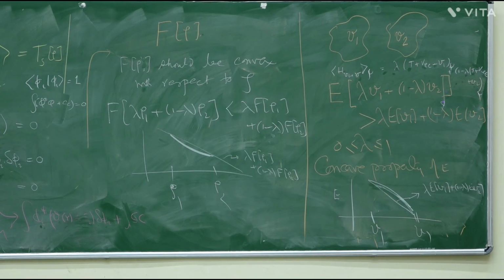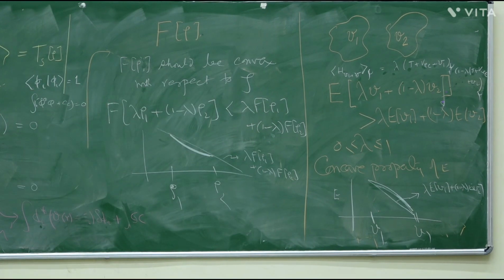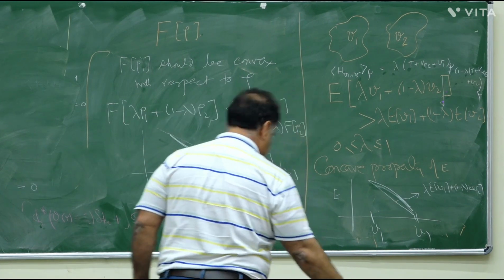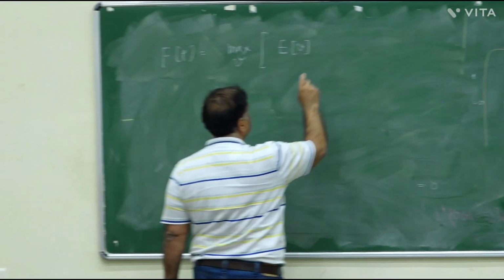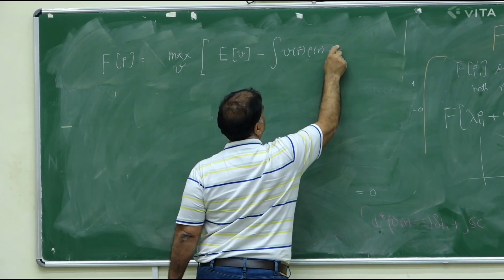And this is done if you define F rho, going the other way, to be the maximum, or in pure mathematical terms the supremum, with respect to V of: calculate E for that V, and for a given density calculate the integral of V(r) rho(r).